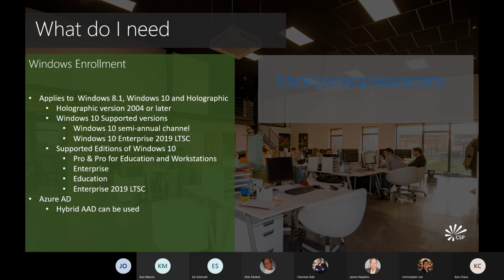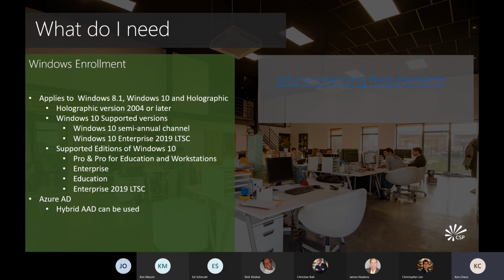All right. So, what do you need, obviously, for Windows enrollment? Obviously, the biggest thing is your Intune licensing requirements. So you need to have, I believe, an E3 or E5, or one of the corresponding education or government licensing models. You can enroll Windows 8.1 devices, but what you'll find is if you enroll Windows 8.1 devices, you're limited on what you can and cannot control with Windows 8.1.